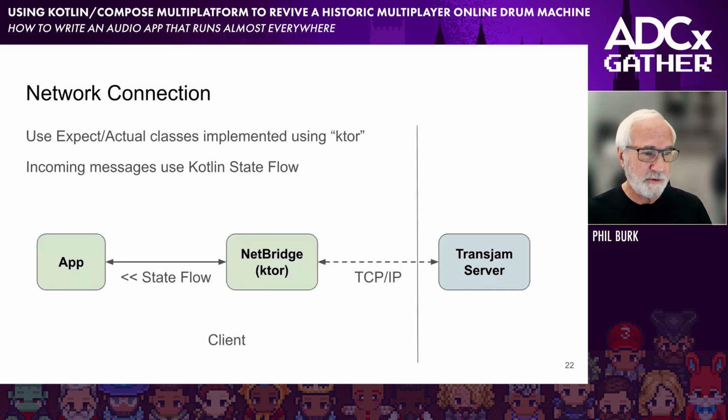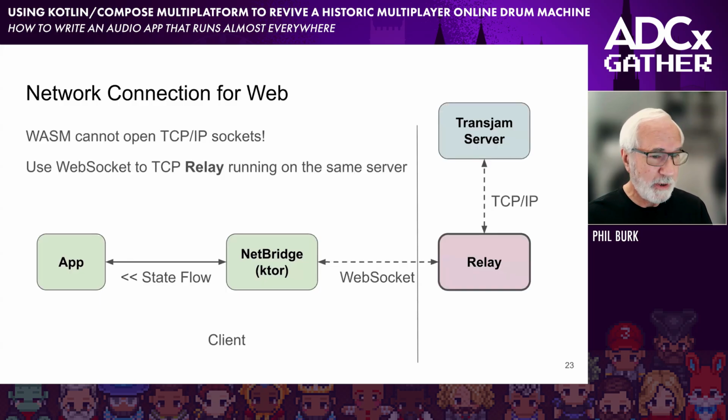The network connection is obviously required for this multiplayer code, and I used ktor to implement a TCP/IP connection to the Transgem server. That worked great on Android and on desktop, but on the web, again, things were different.